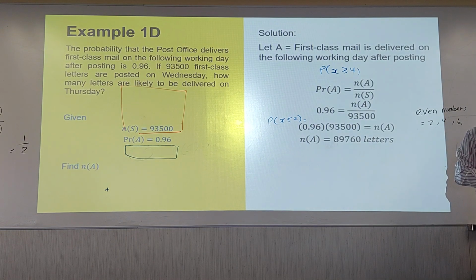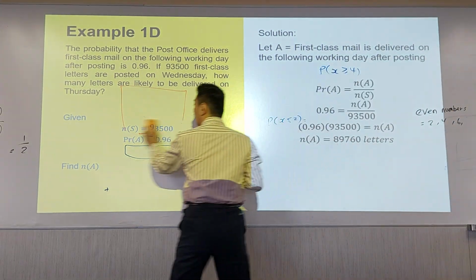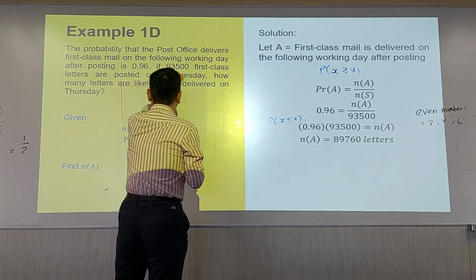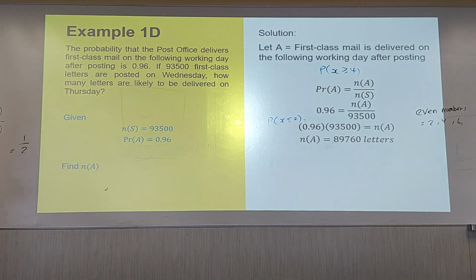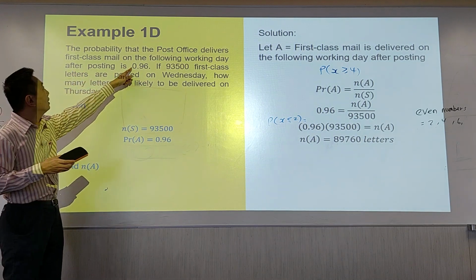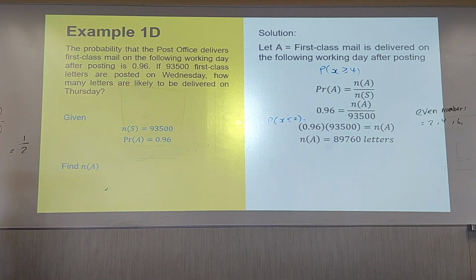Next, okay. Let us analyze the question again. Example D. The probability that the post office delivers first class mail on the following working day after posting is 0.96. That means the chance to deliver the mail on time is equal to 0.96.